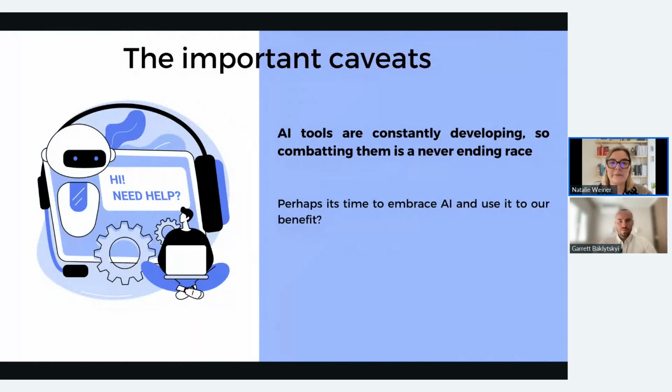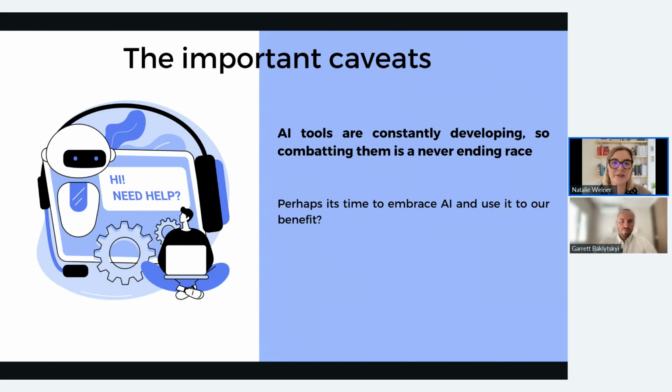And finally, we should note that AI tools are constantly developing, and combating them can be a never-ending race, unless there are some restrictions put in place that will limit the development of AI. So unless this happens, we are in for big changes connected with AI.